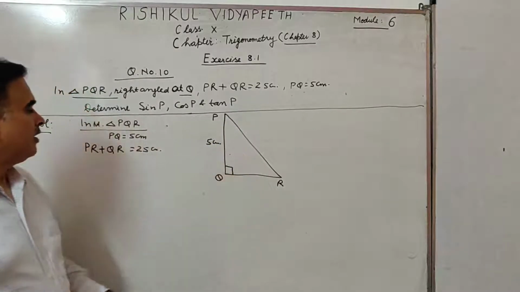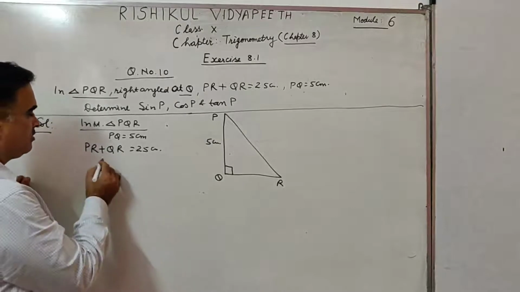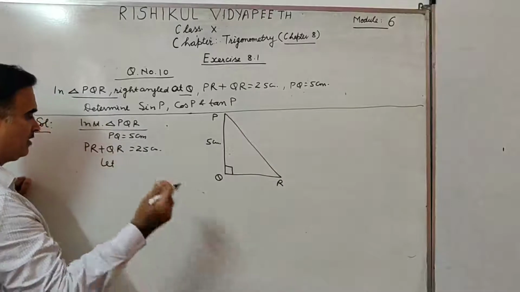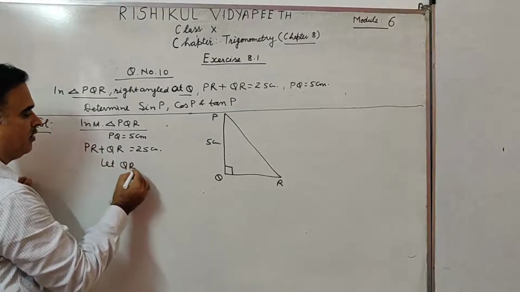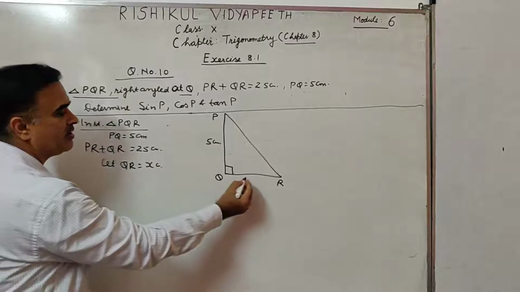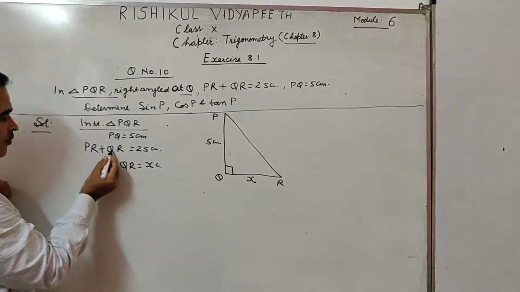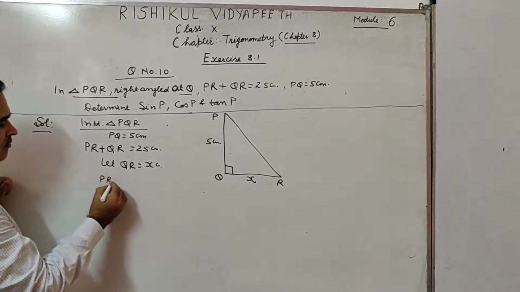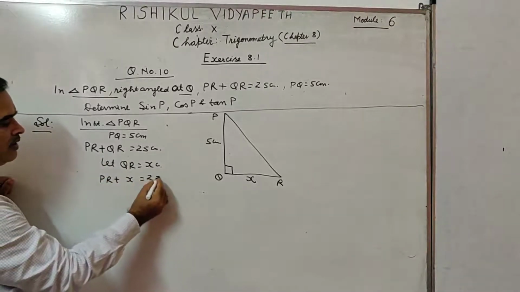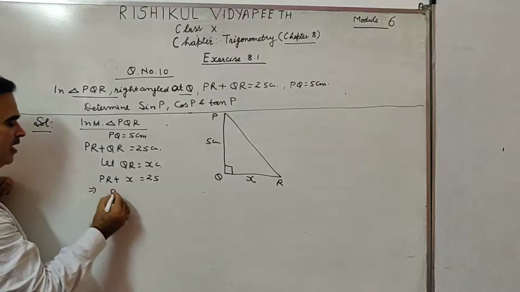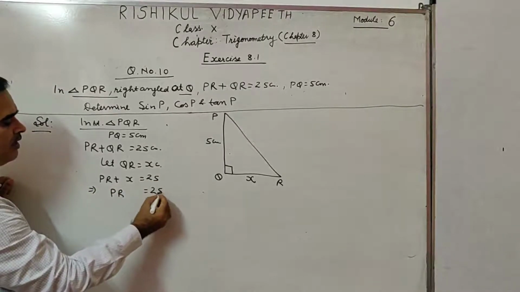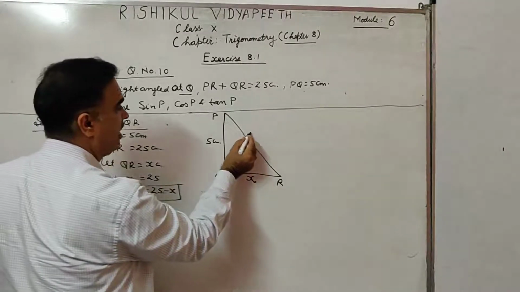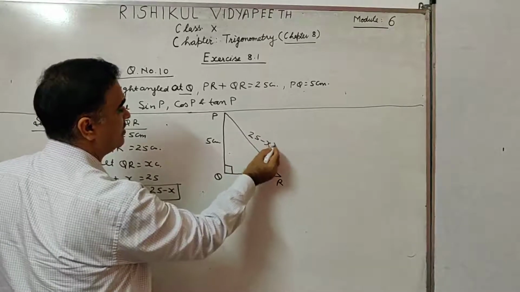You can take X, you can take QR as X or PR as X, it is up to you. Let's suppose QR equal to X centimeter. I have taken this X. If in place of QR we put X, then PR plus X equal to 25, and then PR equal to 25 minus X. So this value, that is PR, is 25 minus X.